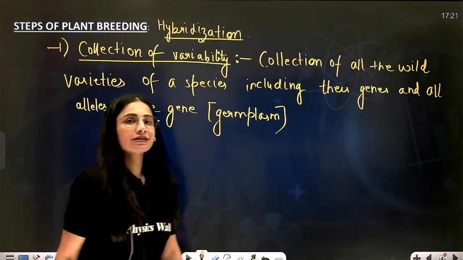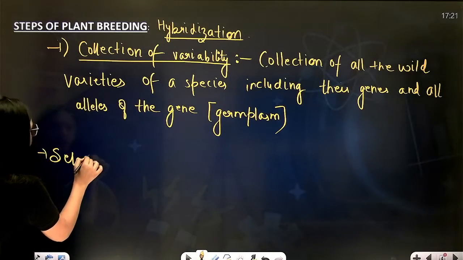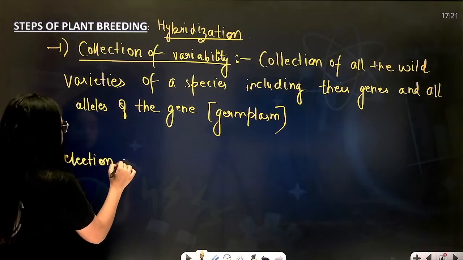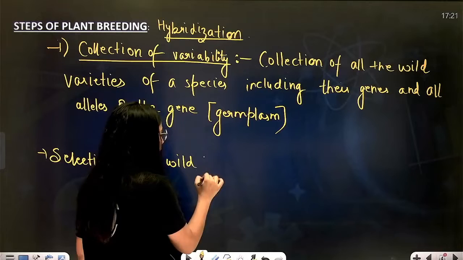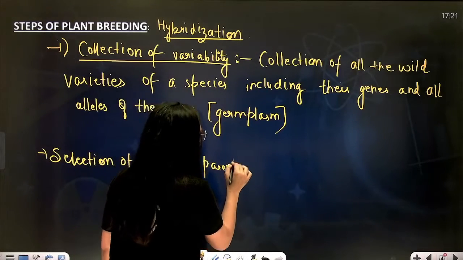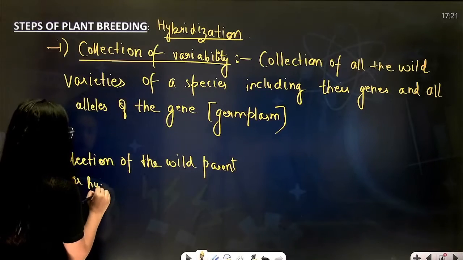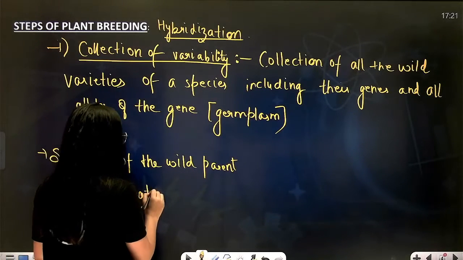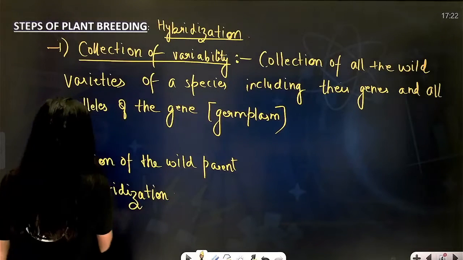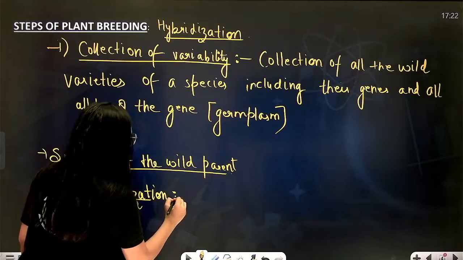Right? Now second step is selection of the wild parent for hybridization. Now what is this?